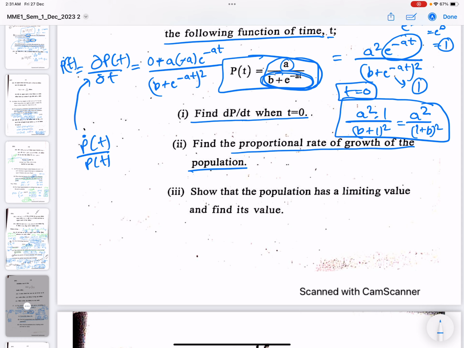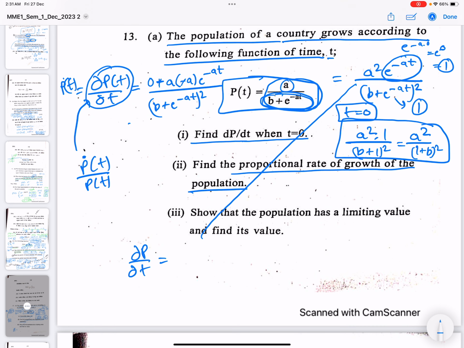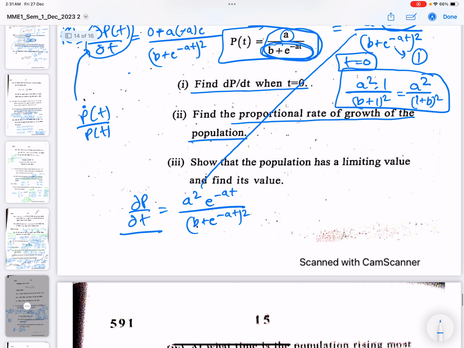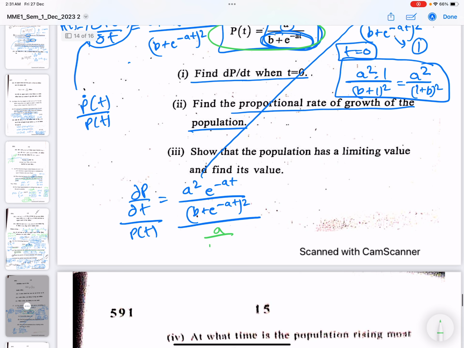Now the proportional growth rate would be given by dp by dt, which was this term, a square e to the power minus at upon (b plus e to the power minus at) whole square, divided by P(t), the value of the function, which is a upon b plus e to the power minus at.